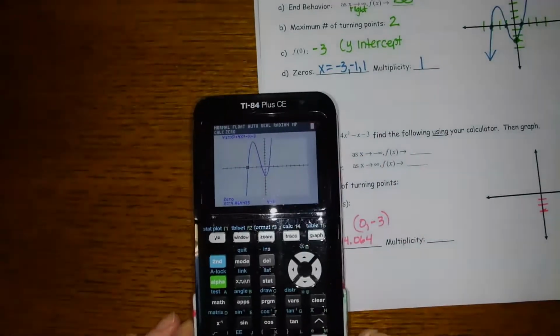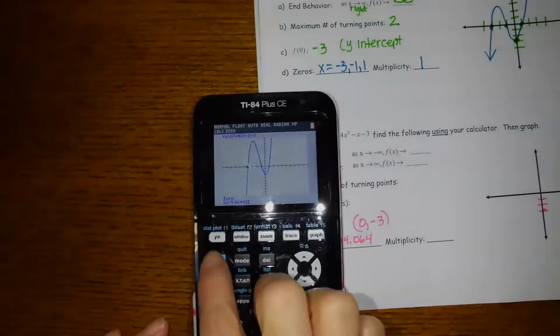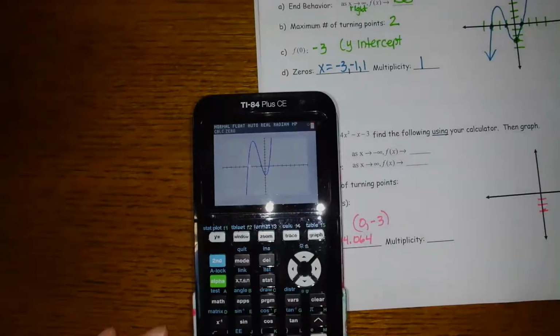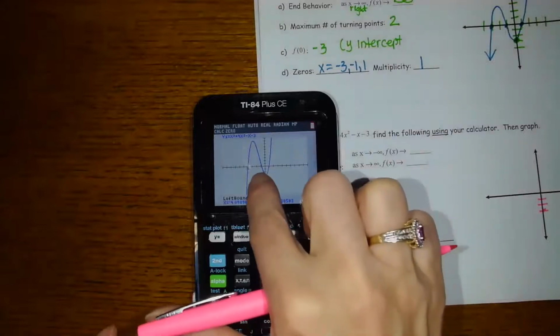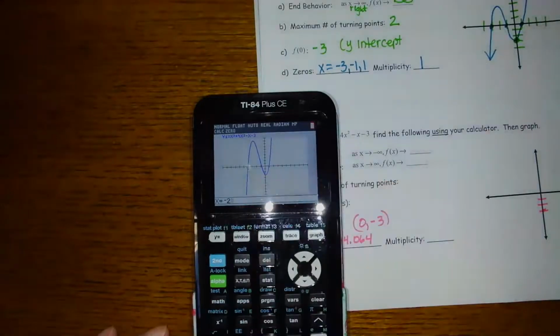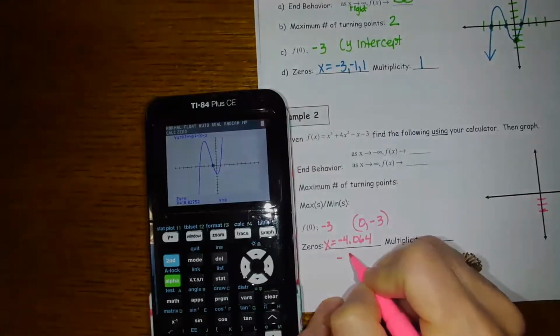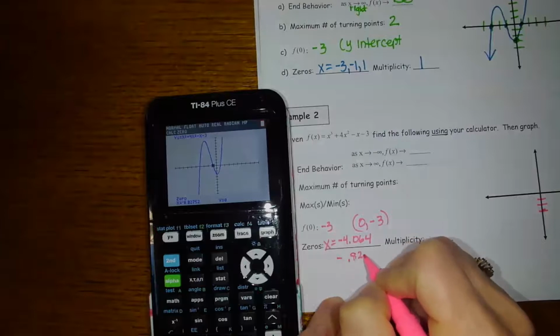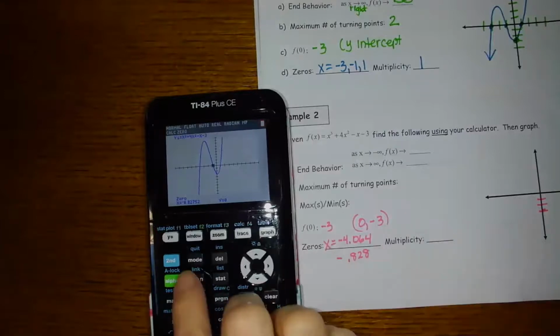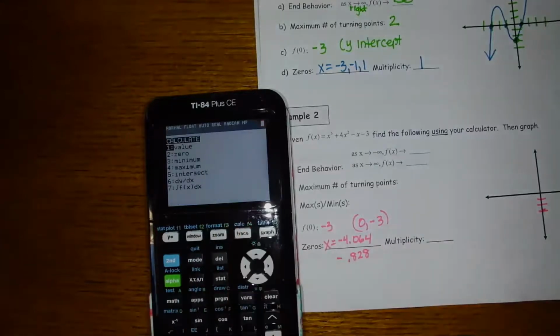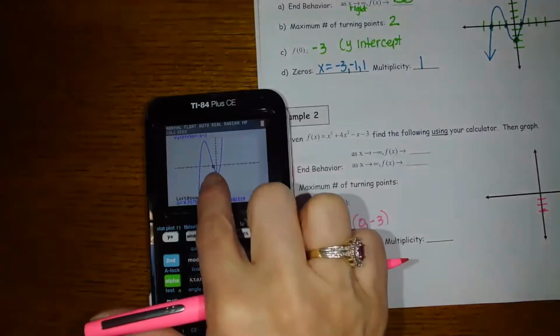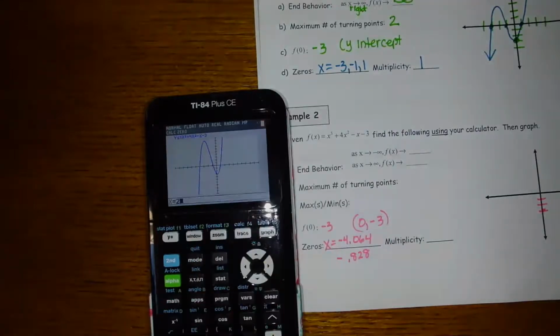Then we'll find the other one. So take a second, get on your calculator and make sure you find your zeros. That one's between -2 and 0. And the last one. You have to find each zero. So this one's between 0 and 2.